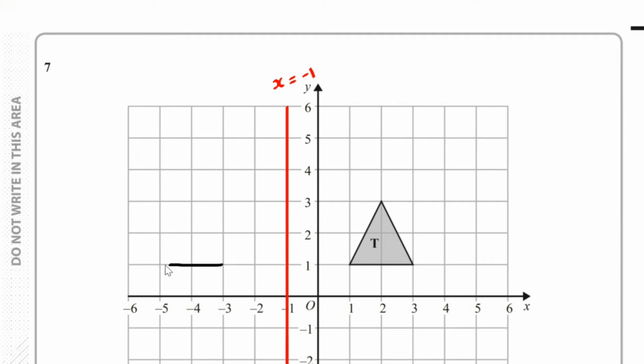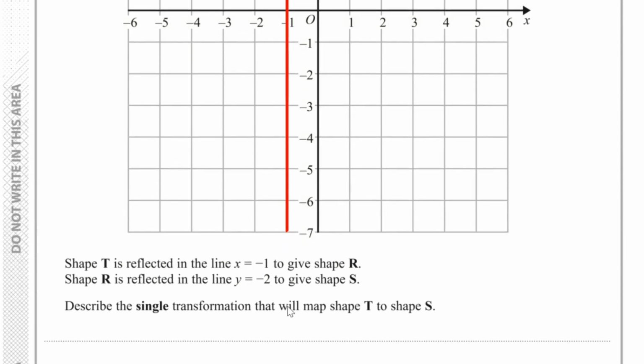here we would have the shape R, and then shape R is reflected in the line y equals -2.